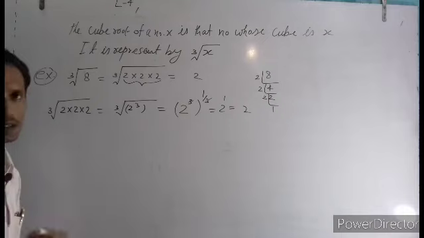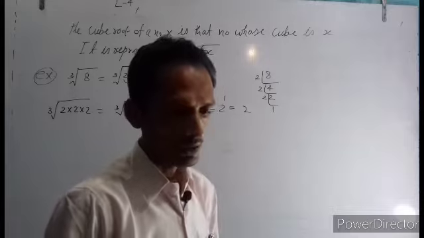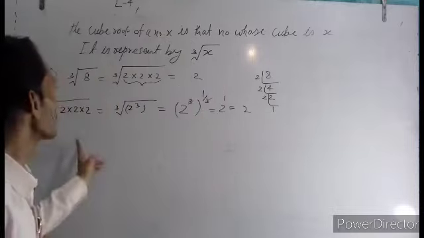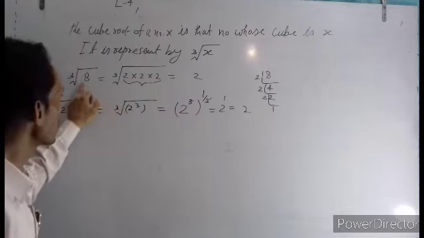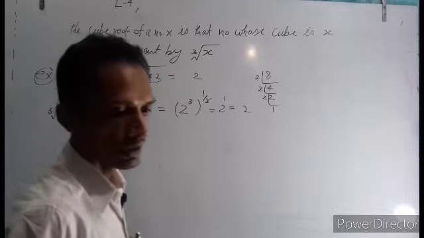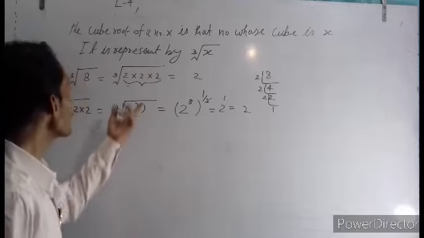In this way we can find the cube root of any number. In this exercise, you have to find only the cube root of a given number. So what are the steps? First step: express the given number as the product of primes, the prime factors. Second step: make groups in triplets of the same prime.